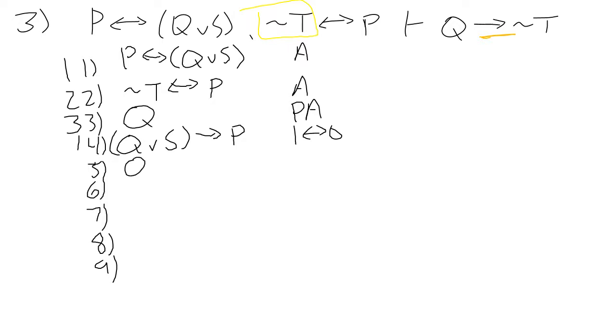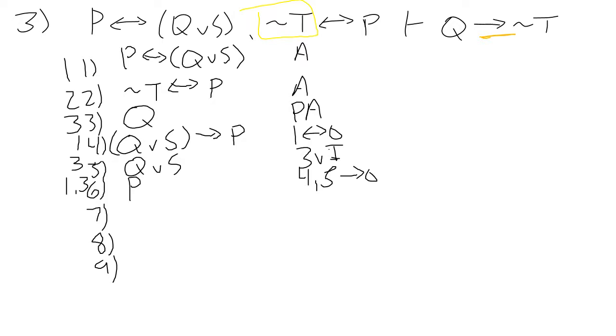Because then we can wedge in our S to our Q in 3. Now with that, we can get our P from 4 and 5. Arrow out. So that's 1 and 3.